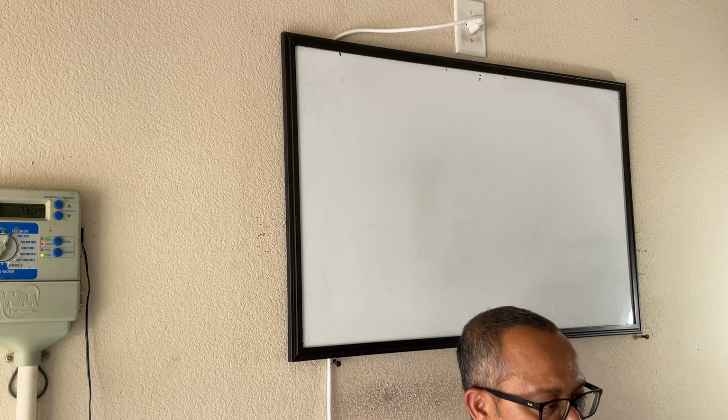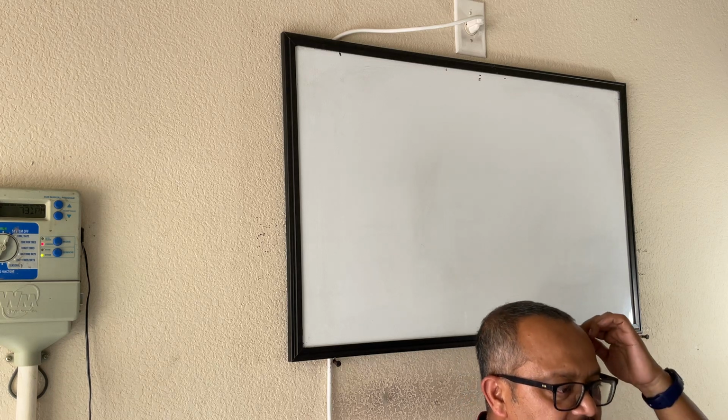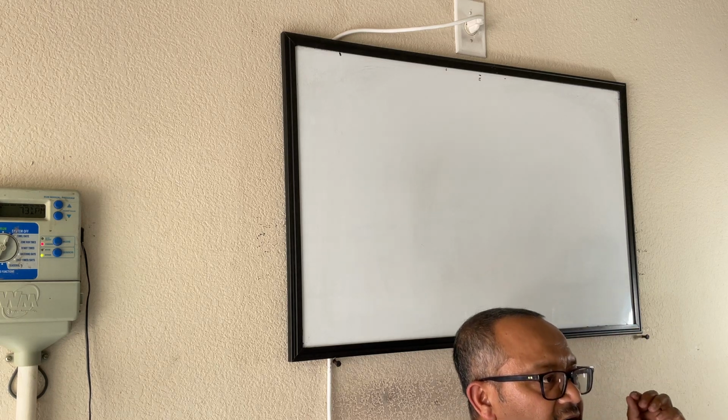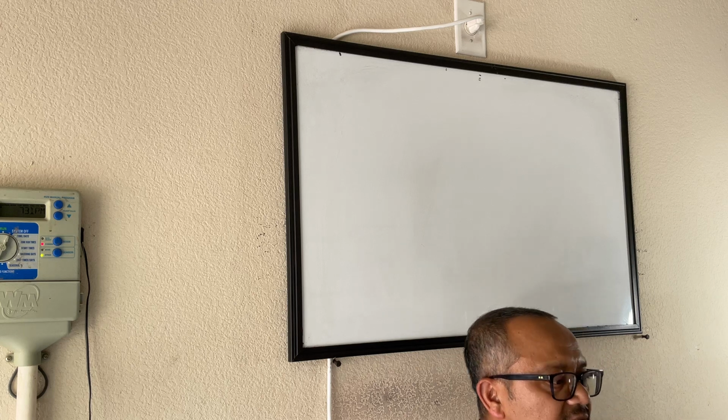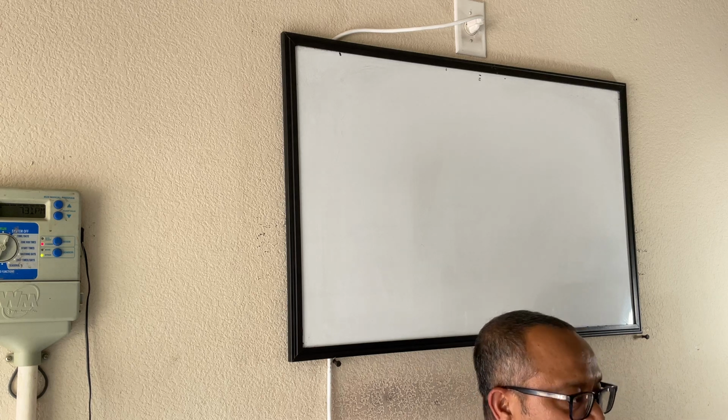So first, let me do a quick check or quick revision of what we already know. Everybody clear about what we mean by linear equation? Yep. So linear equation is nothing but a representation of a relationship between x and y with the maximum power to the variables being 1.